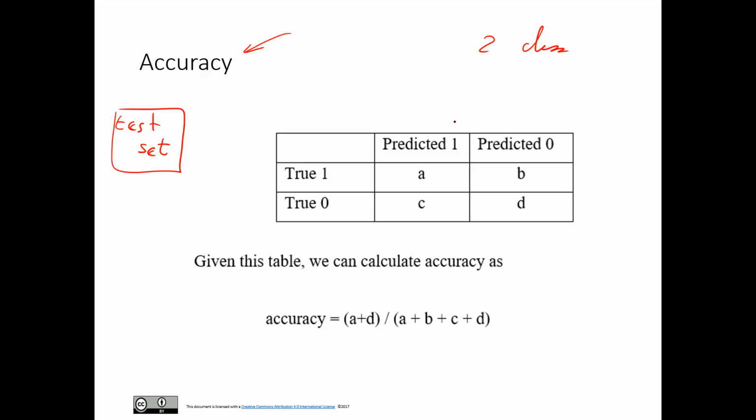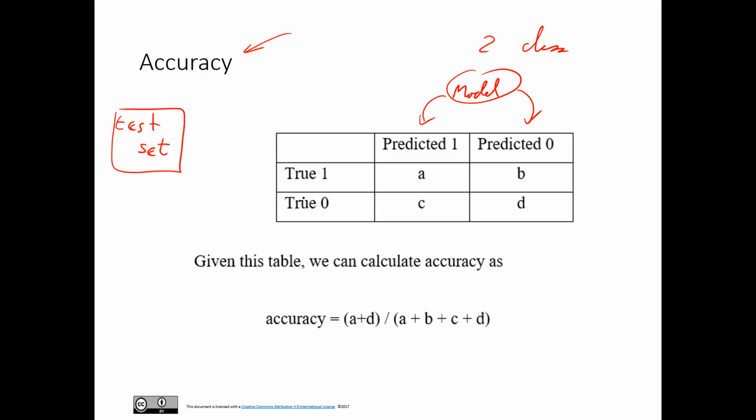Then on the other hand, we have what the model gives you. So this is what the trained model will do. Predicted 1 and predicted 0. So for every test sample that we know what it is, the true 1 and true 0, the model will grab it without the labels and say, oh, I predict this to be a 1, I predict this to be a 0. So then we end up with these 4 possibilities, right?